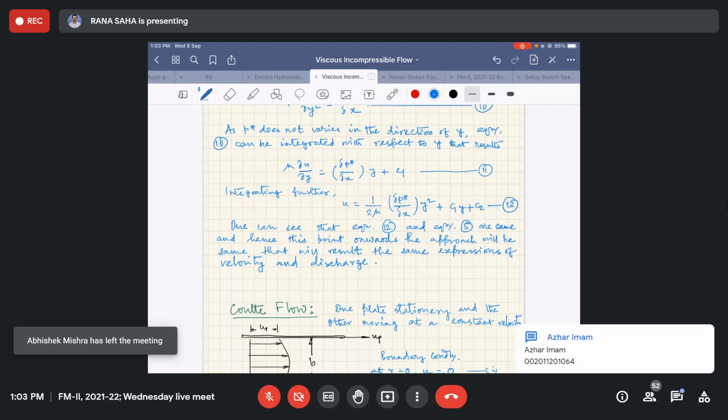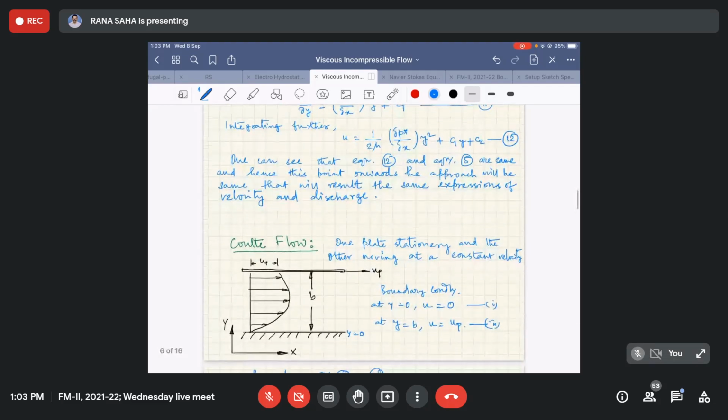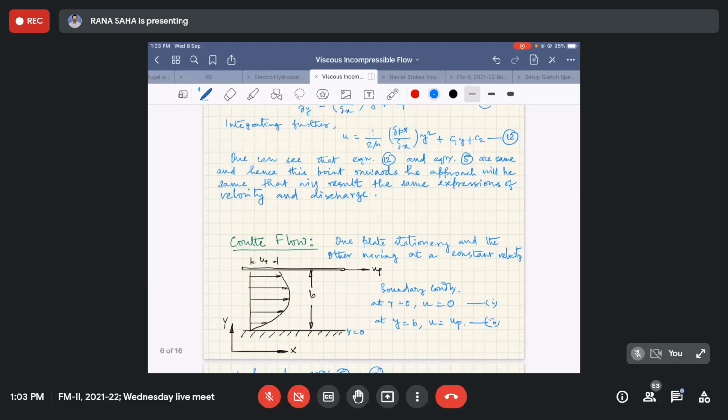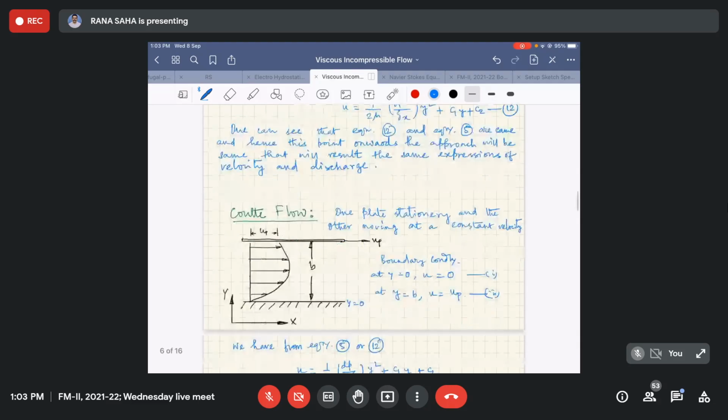Steady, of course, with constant velocity. That is what we call Couette flow. So for that situation, how can we model it mathematically?